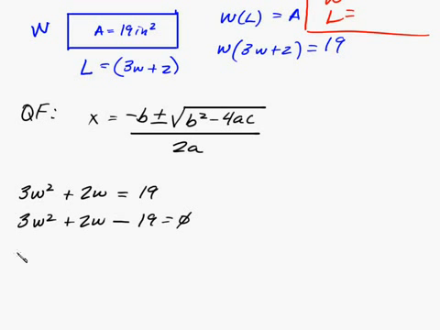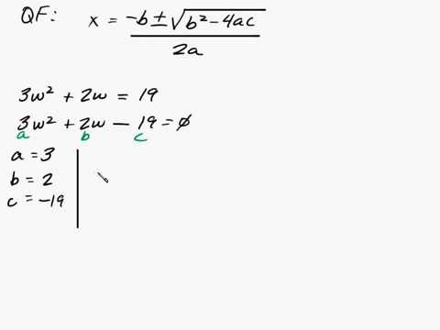So set up our A, B, and C. This is going to be A, this is going to be B, and this is going to be C. So A is equal to 3, B is equal to 2, and C is equal to negative 19. So now draw our little bar, and now we start plugging things in.